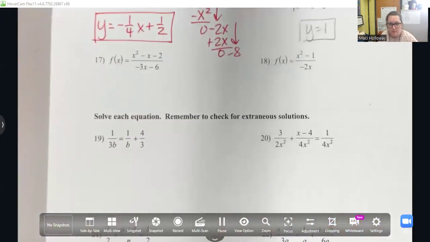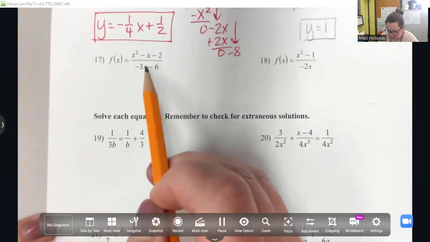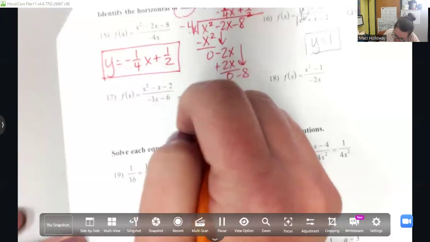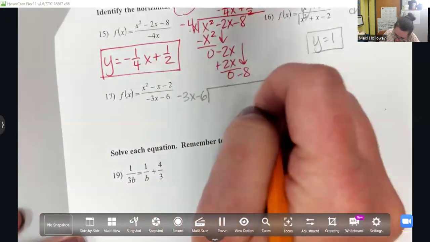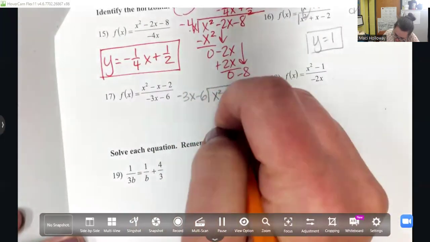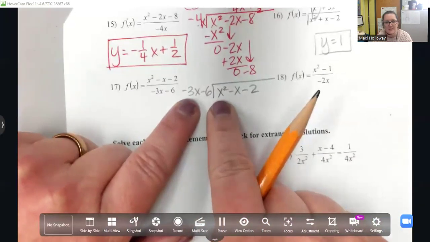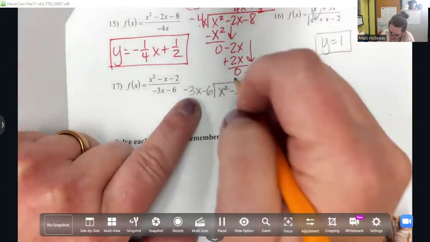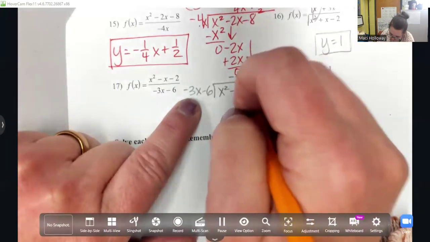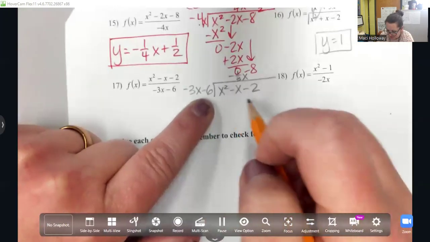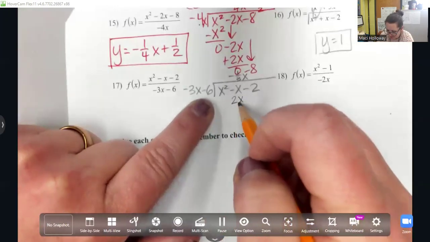All right, next one, we have another one that is 1 degree larger. So we've got to divide. We have negative 3x minus 6 divided by x squared minus x minus 2. Negative 3 times what is 1? So it's negative 1/3 x. Negative 1/3 times negative 6 is positive 2x.